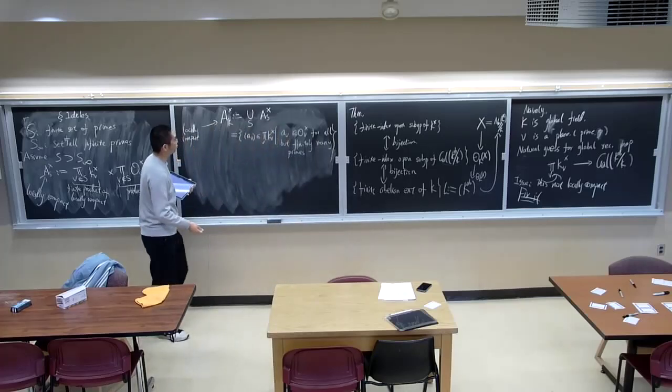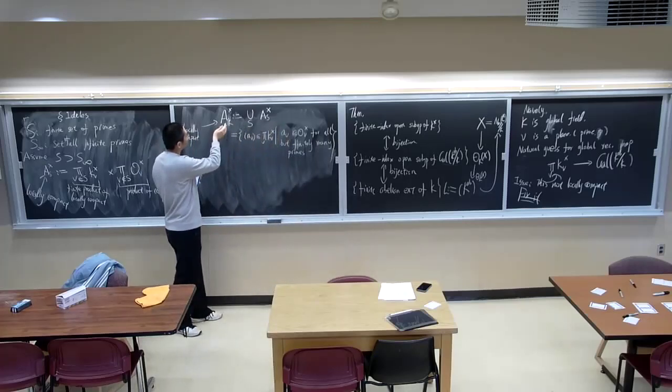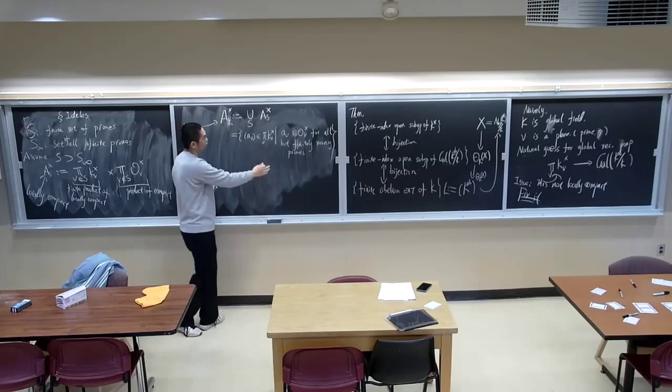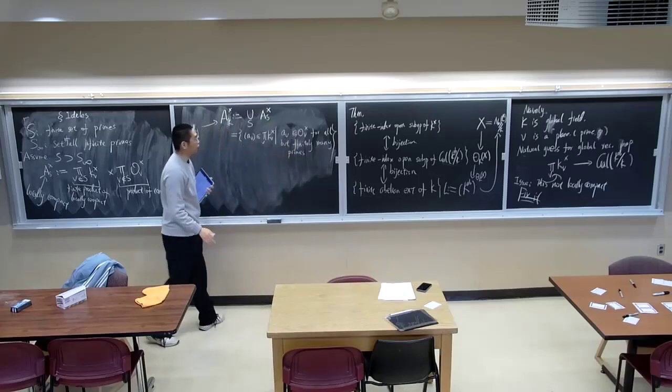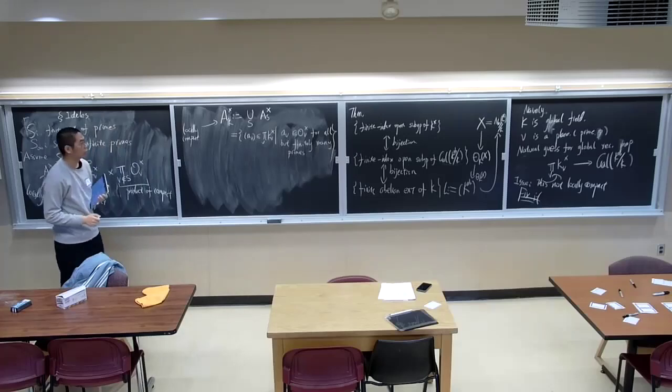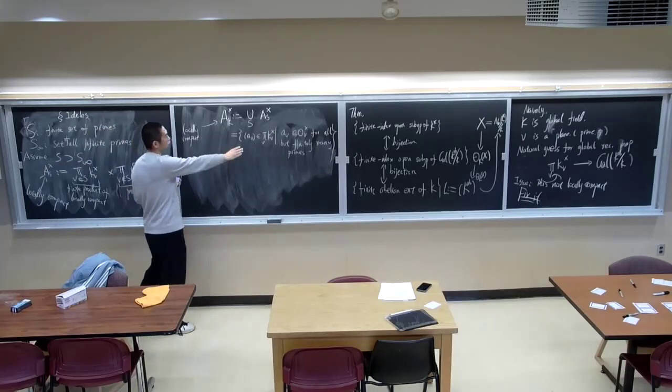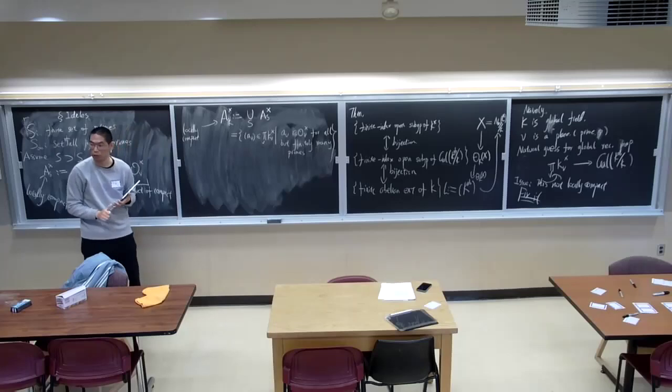So this means we can interpret this idele group as a subset of this, and a_v will always sit in the unit group for all but finitely many primes. So you can think of the idele group in terms of this language as well.